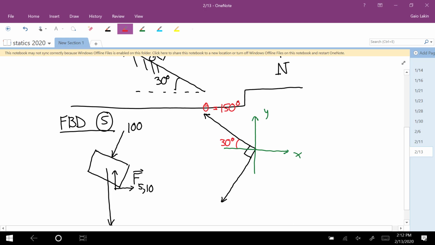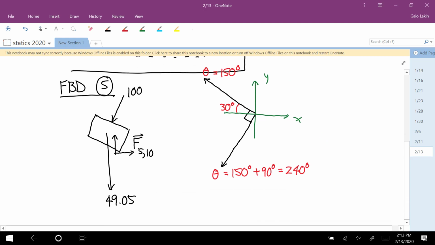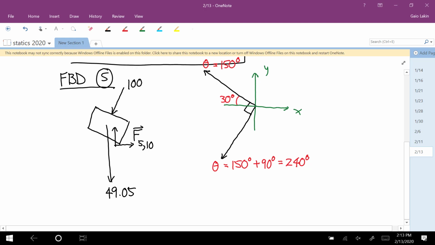And then if you go counterclockwise another 90 degrees, so 150 plus 90 is 240. So that 100 Newton force is going to be 100 times cosine and sine of 240.